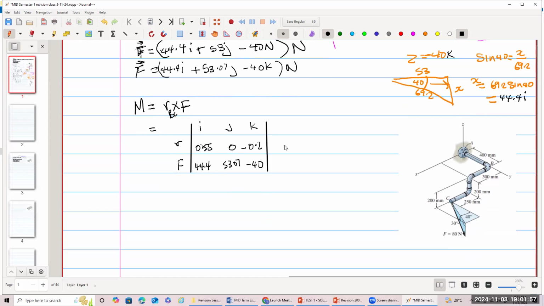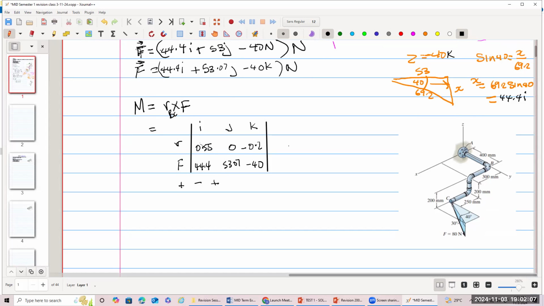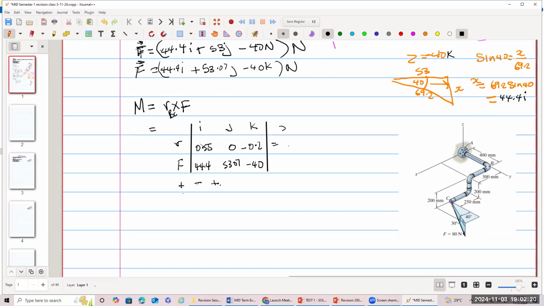Now we are going to multiply it. Everybody remember the rules? What's the rule? Plus, minus, plus. So for the I, positive. For the Y it is minus, and for the Z it is plus. So that is the rule we're following. You can do this to help you.